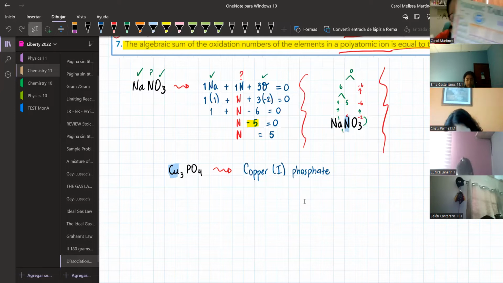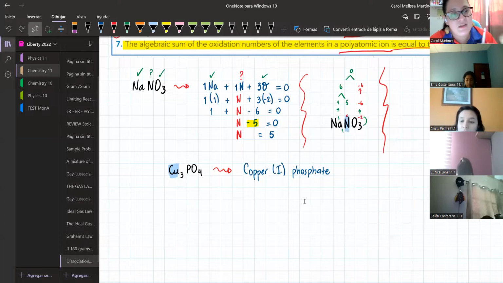Now, if you look for copper, which is element 29, you will see the charge +1 or +2. In this case, it's 1. Because if it was 2, you would see this in the parentheses. So it cannot be copper 2. So the first thing that you do is you get mentally the oxidation number of copper, okay? If you cannot do it mentally, you can do it on a separate sheet of paper or in a post-it, okay? But it's going to take time.